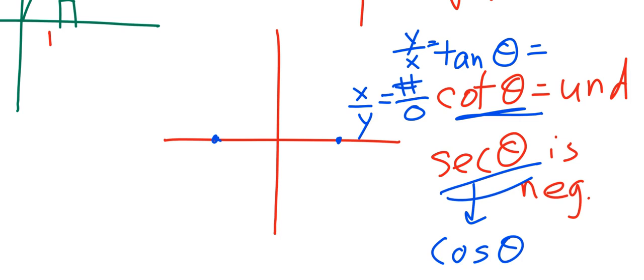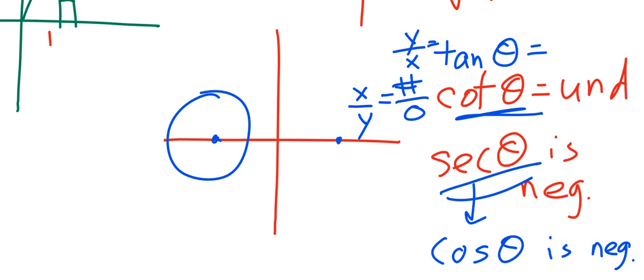So if the secant is negative, then the cosine is also negative. That means we have to be dealing with this one over here at this other side, right? Because that's the only place that has an x value of negative out of those two choices. Can you tell me what the cosine is at that spot? You told me it was pi.